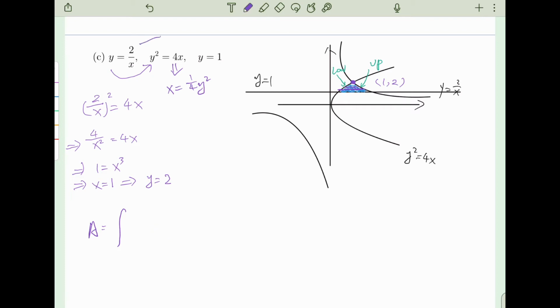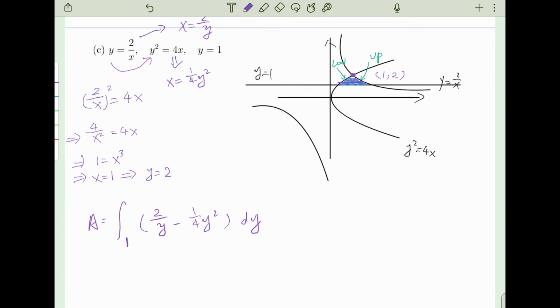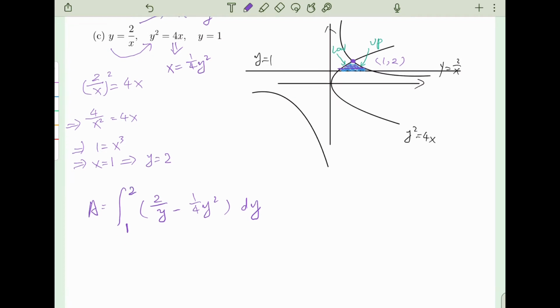So I convert this one: that is x equal to 2 divided by y. So don't make the same mistake I did here. In terms of y, we should use the y expression, minus this, dy. And the lower bound of y should be 1, starting from the horizontal line. And the point we just figured out, that's (1, 2), so 2 is here.